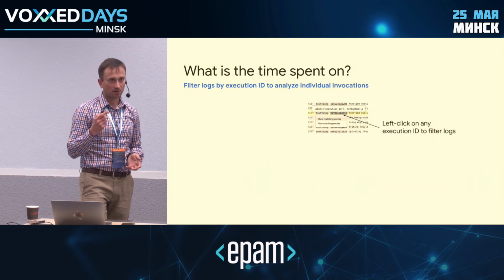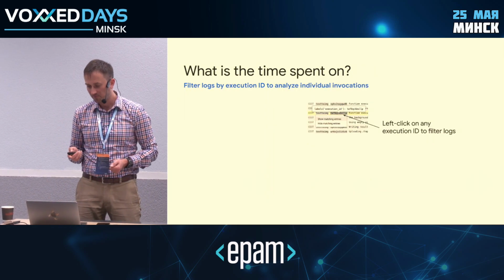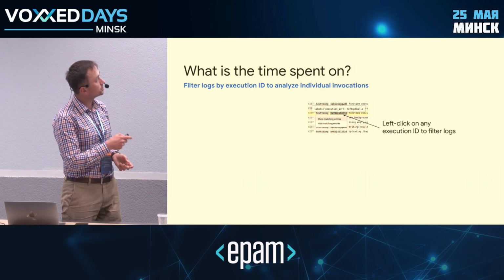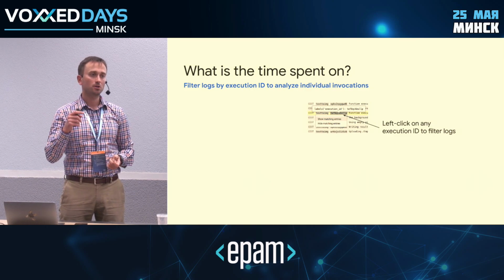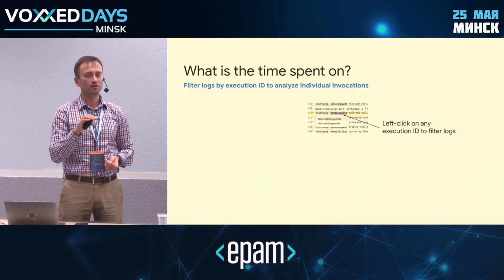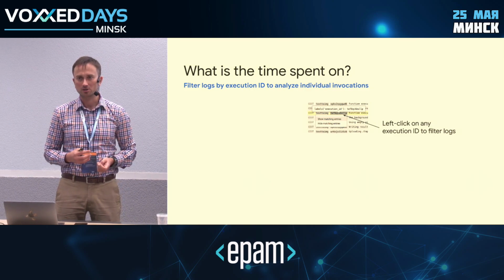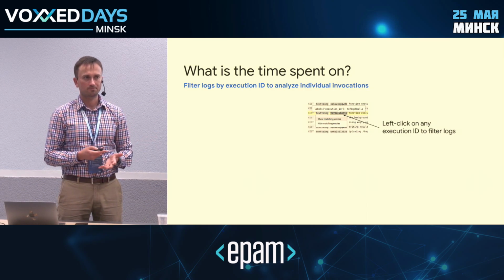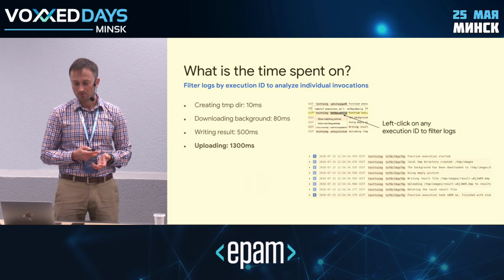So let's try to optimize further. What is the time actually spent on? Let's go to logs. In Cloud Logging, there is an execution ID for every function invocation. So you can select one, right-click, and filter logs from just a single invocation.